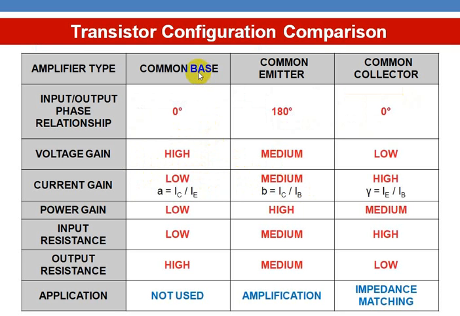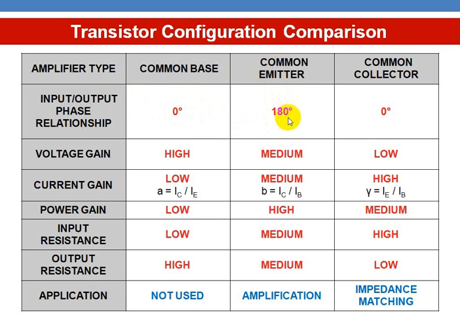Coming to the comparison of various transistor configurations. So we'll see the following parameters for three configurations. Coming to the input-output phase relationship, for common base it is 0, that is both input and output will be in phase.